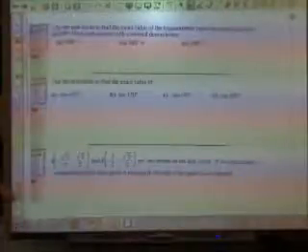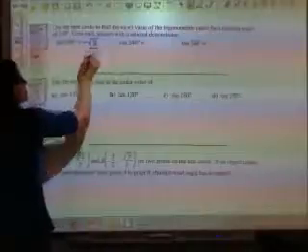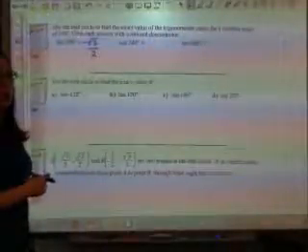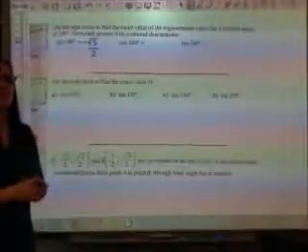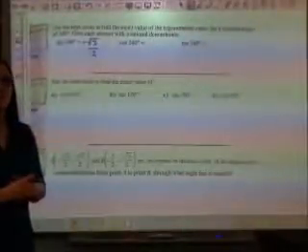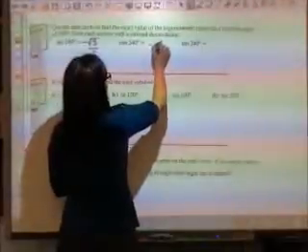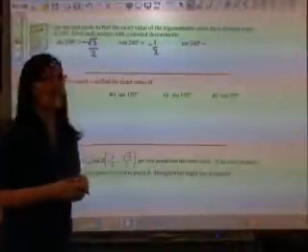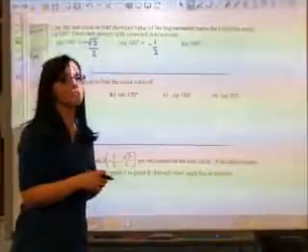So the sine of my 240 degree angle would be negative root 3 over 2. Cos would be what? Negative 1/2. And then tan is sine divided by cos. It's y over x.